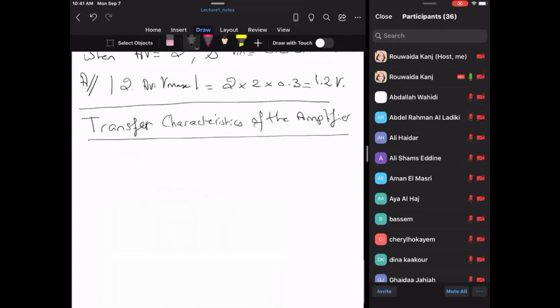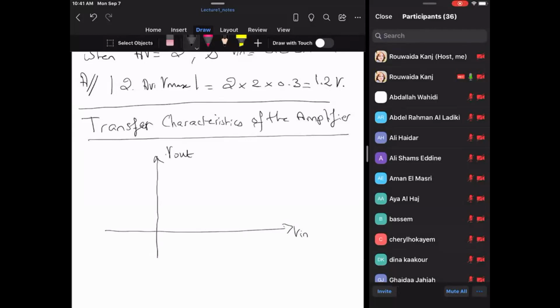On the x-axis I will have Vn, and on the y-axis, not a time axis here, I will have V out. The reason why we need the transfer characteristic of the amplifier is to be able to answer for what range of Vn I can have gain and what is the value of the gain.